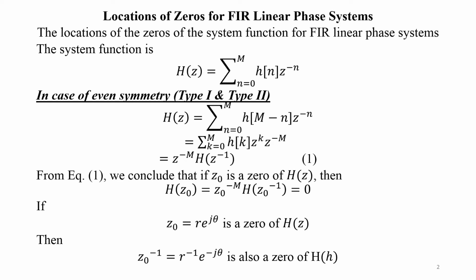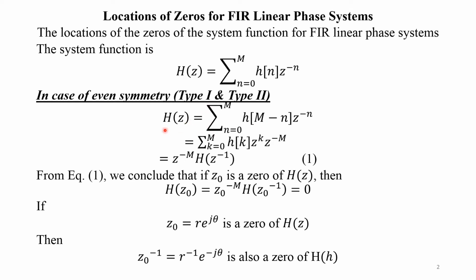In the previous lecture, we talked about the properties of the impulse response and the frequency response for all four types of FIR linear phase systems. For the case of even symmetry, that is type 1 and type 2, we know h of n equals h of M minus n.